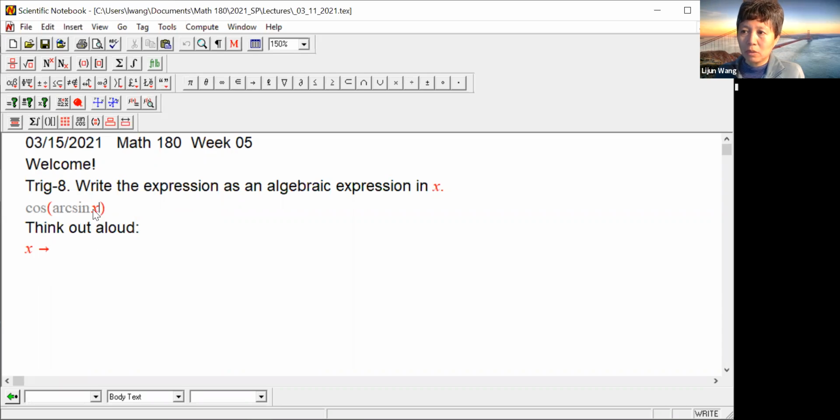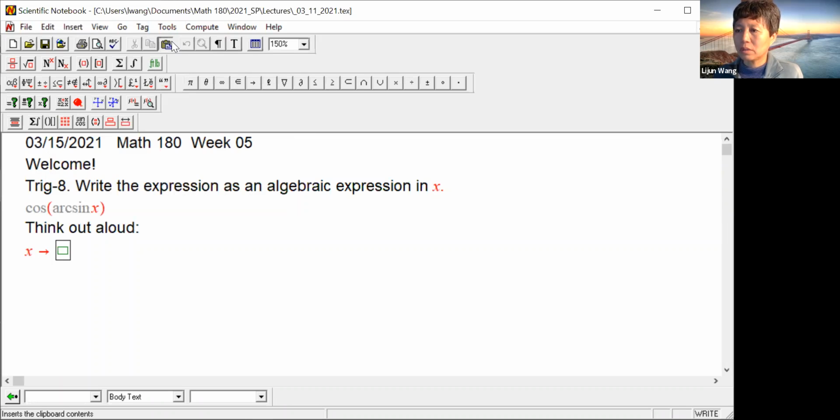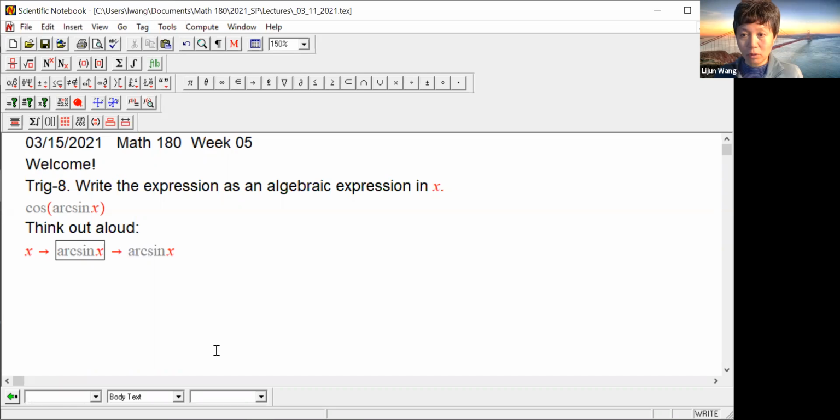Remember, we emphasized arcsine is a function that takes what kind of number as input? It takes a ratio as input, and what comes out? Angles. What kind of angle? The angle has boundaries. It cannot be any angle, isn't it?